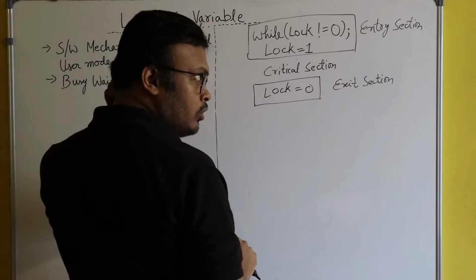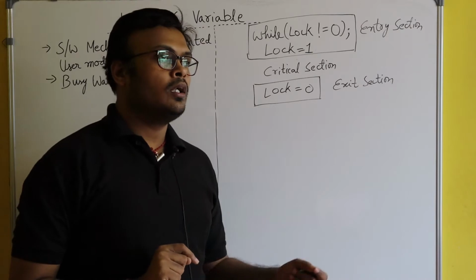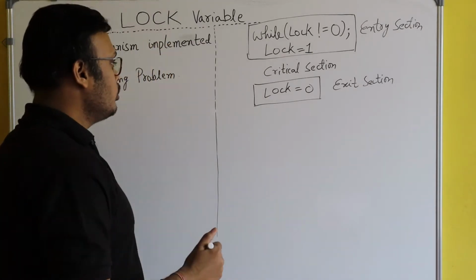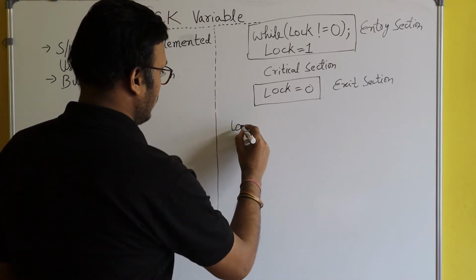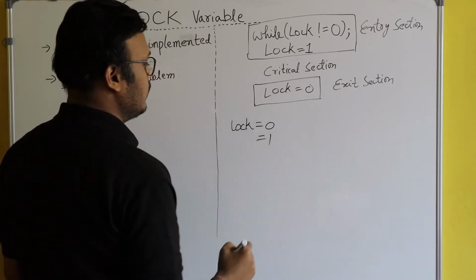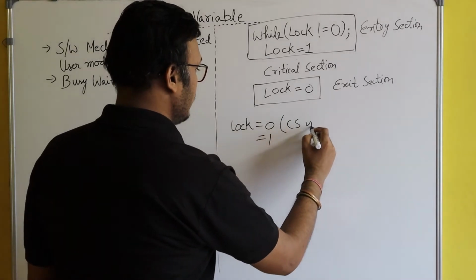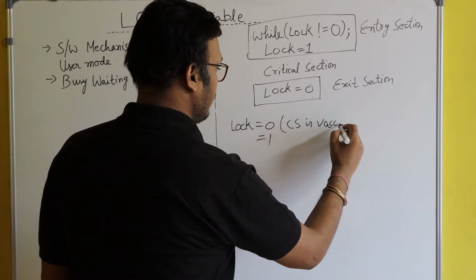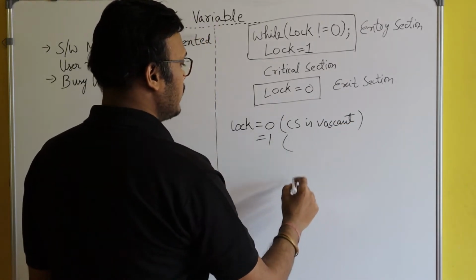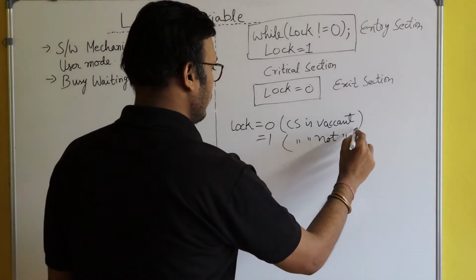Let me tell you how it works. Lock can have two values, either 0 or 1. Lock equal to 0 means the critical section is vacant, and lock equal to 1 means, vice versa, the critical section is not vacant.